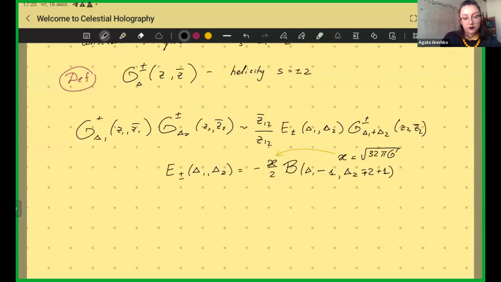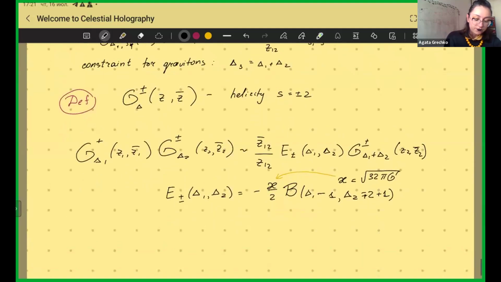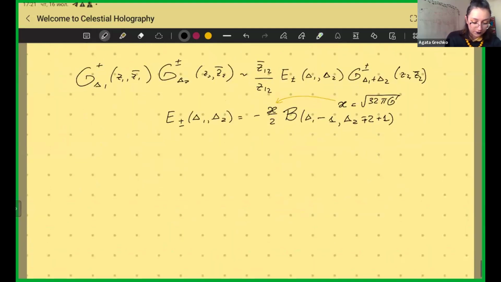But still, what should we do with it? Because this thing here, we obtained, let me say, we got it from imposing the asymptotic symmetries on the form of our OPE.